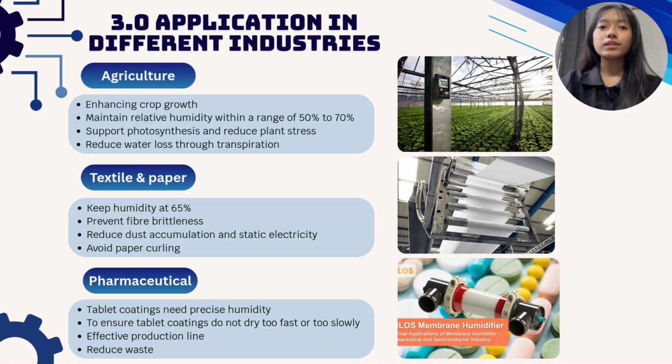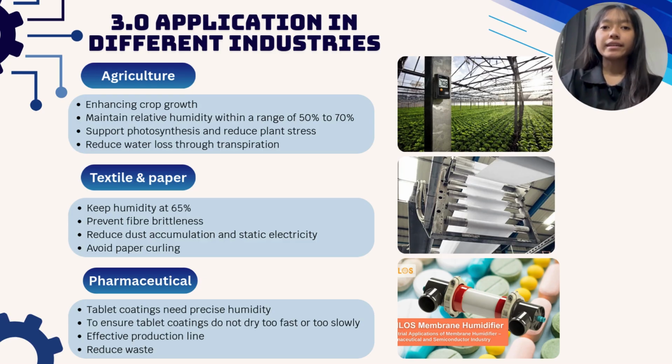Industrial humidification systems help to maintain the relative humidity within a range of 50% to 70%, which supports photosynthesis and reduces plant stress. Proper humidity control reduces water loss through transpiration. The stability can improve productivity.